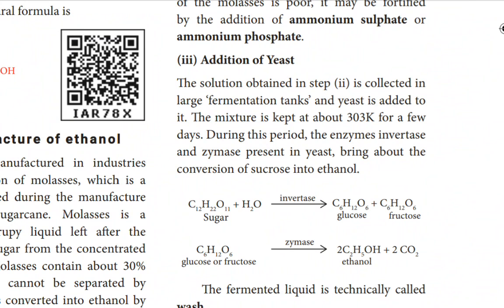Actually the yeast contains three enzymes, that is invertase, zymase, maltase. These are the three enzymes present in the yeast. Out of these three, invertase and zymase act here to convert sugar molasses into ethyl alcohol, ethanol.